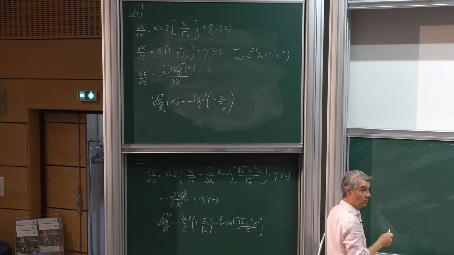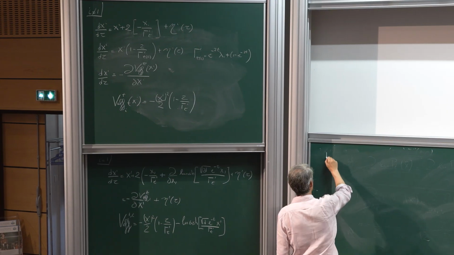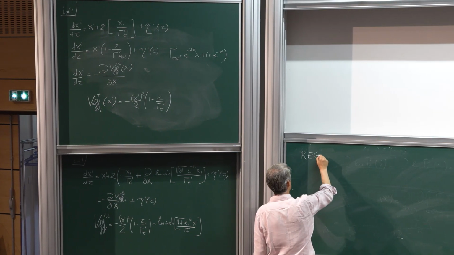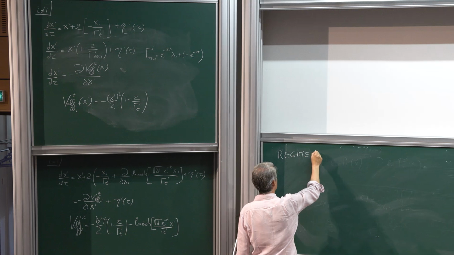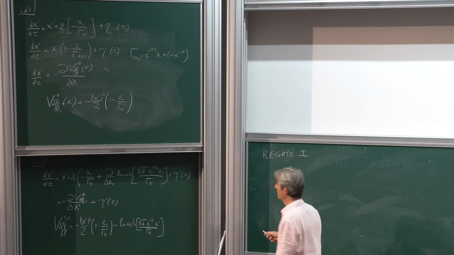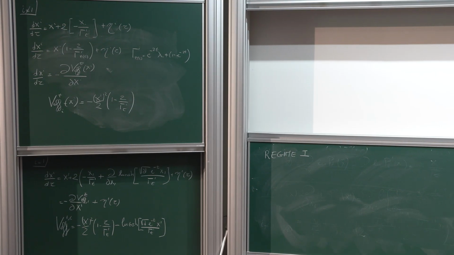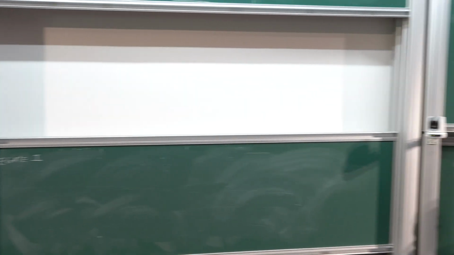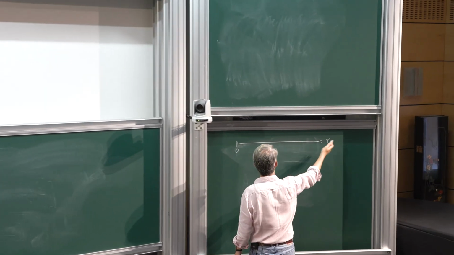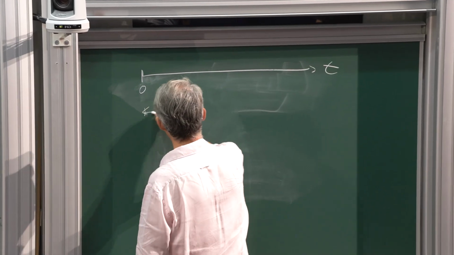And this is really sharp when the dimension d goes to infinity. OK, so regime 1. So what is regime 1? Maybe I can write here. Remember there is t, which goes from 0 in principle to infinity, and then we have tau, which is moving this way.